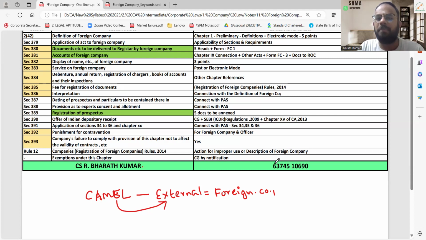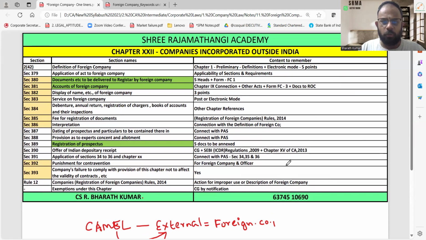So this is going to be even more simple, only the perspective of the form numbers or the basic requirements is going to be there. Now, if you see this particular sheet, I have brought in the section numbers, section names, and the content to remember. Are you going to remember all section numbers? You are going to remember only the section numbers which I say are important.